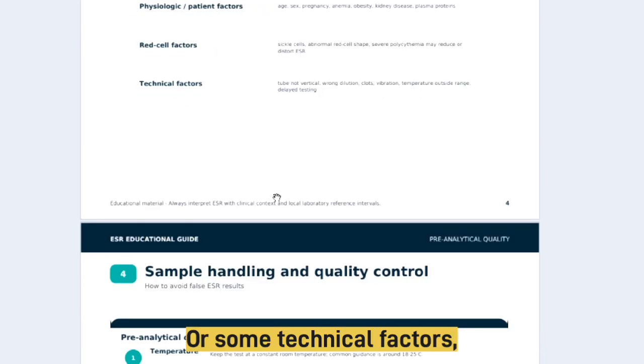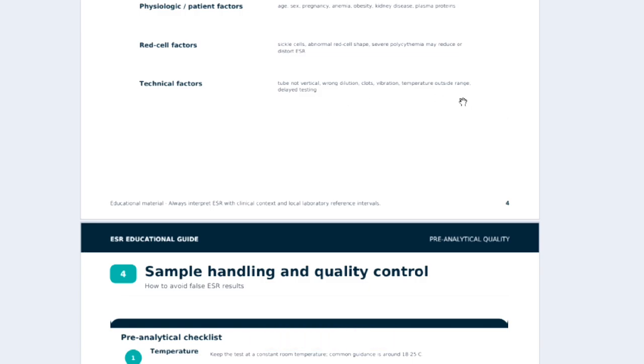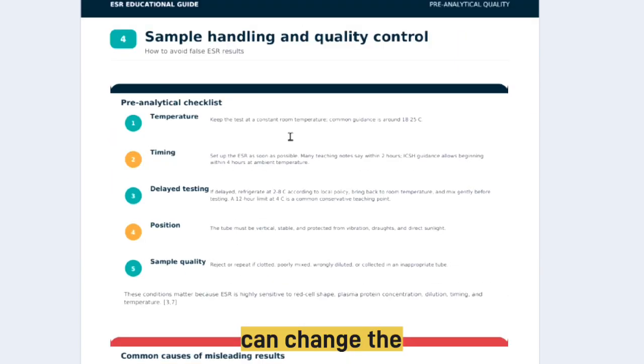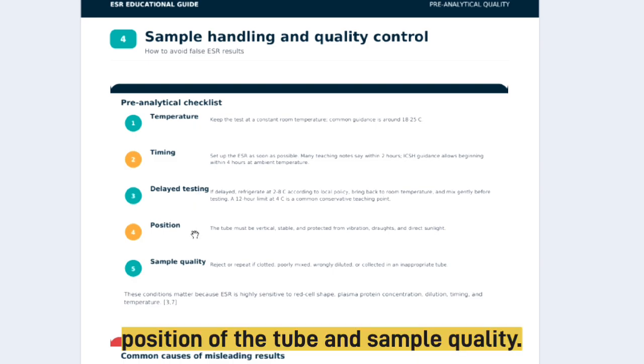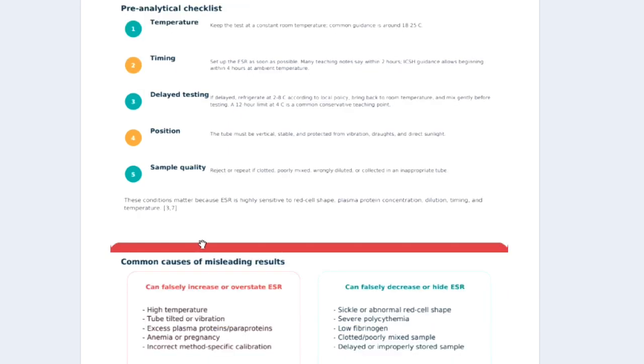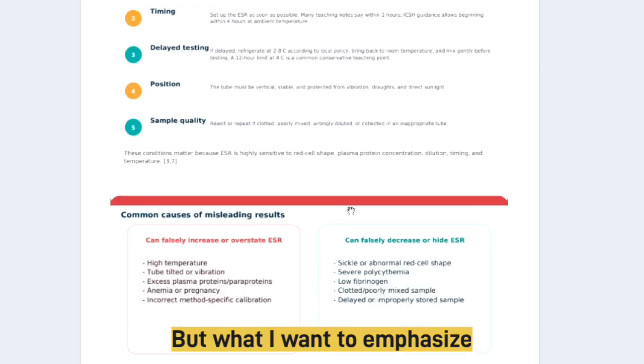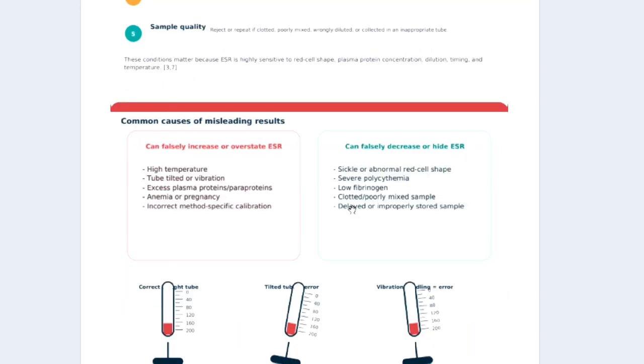Some technical factors such as a tube not vertical or wrong dilution can change the ESR result. I show you here other factors such as temperature, timing, delayed testing, position of the tube, and sample quality.